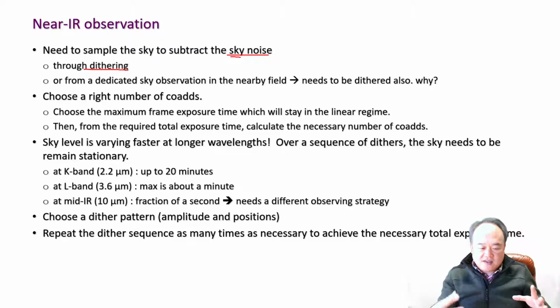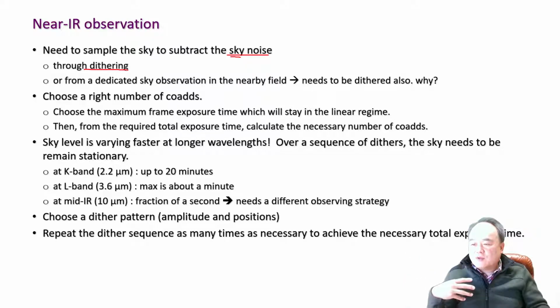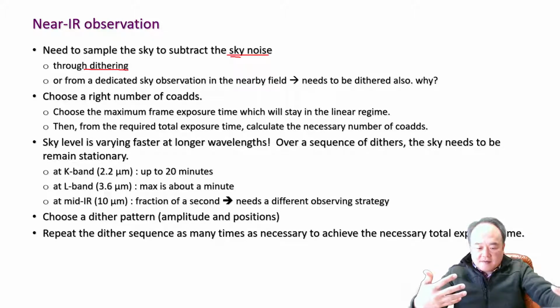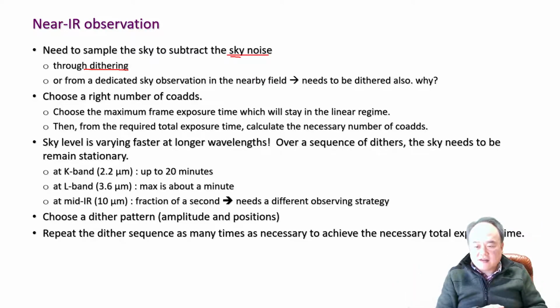In that case, for an extended source, typically you choose a nearby adjacent empty sky and take the dither observation in that empty sky to create the master sky noise frame. In that case, the empty sky observation still needs to be dithered, because there can be invisible, very faint background sources that still contribute.